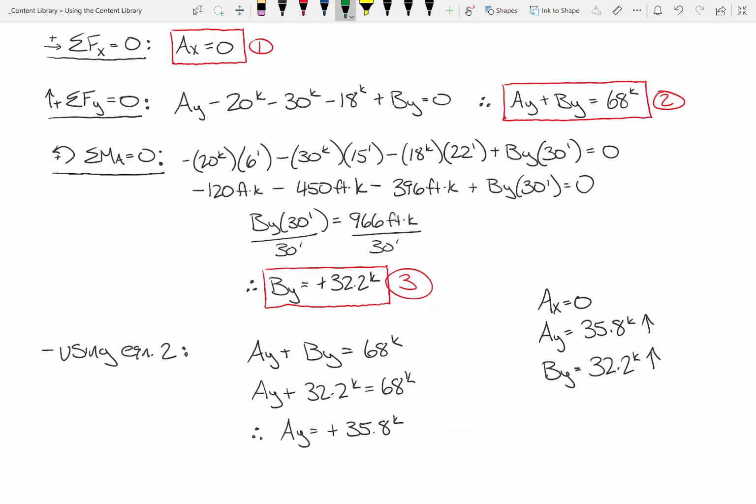Okay? And that's the answer. Those are the forces necessary to keep the system in equilibrium.